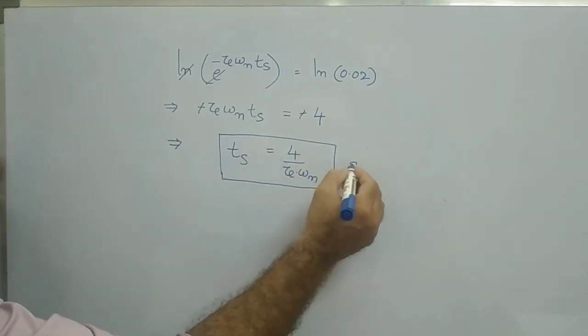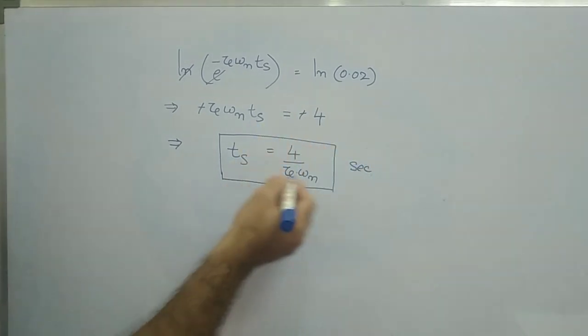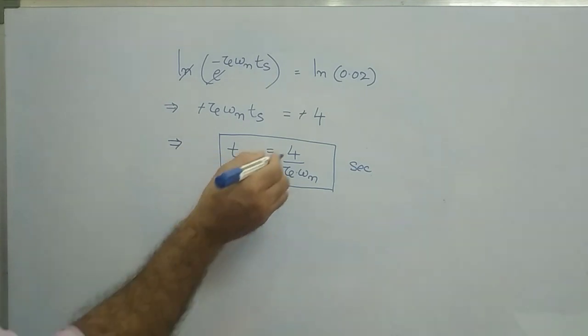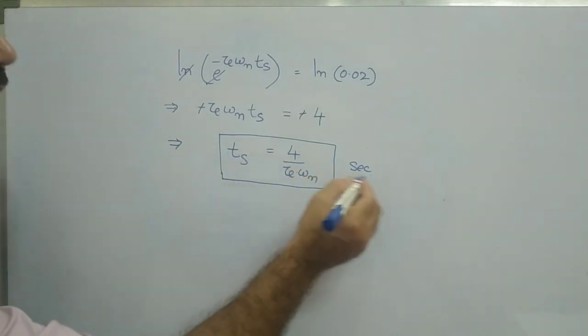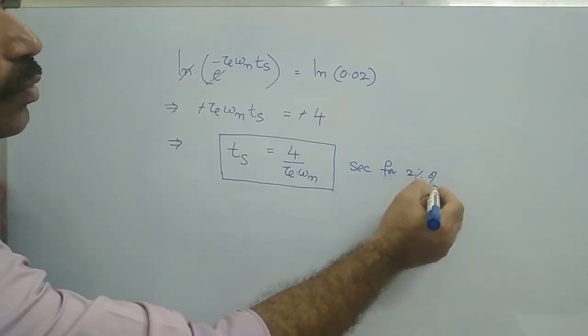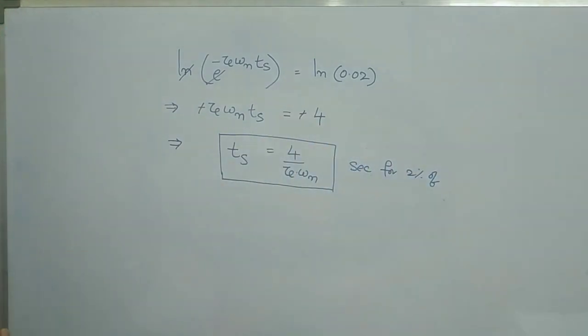All time in seconds only. The units are in seconds only. Therefore, ts, settling time, is equal to 4 by zeta omega n seconds. This is for 2% of tolerance band. Clear?